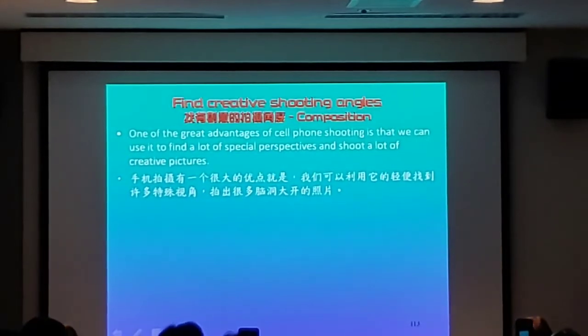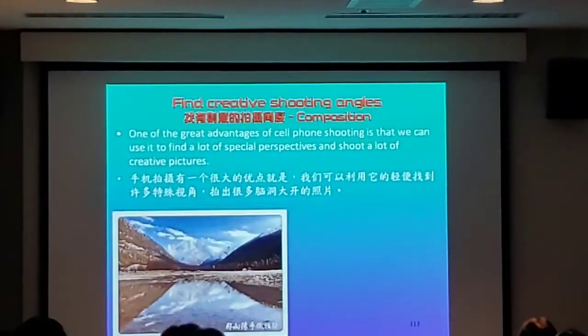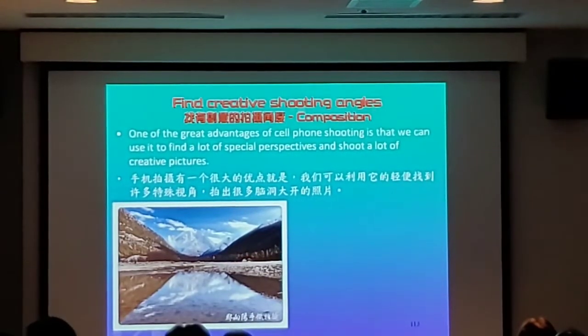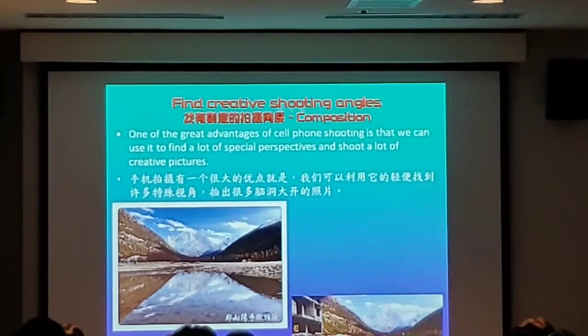Okay, another very interesting thing with cell phones is that because you can move a lot, you can put it anywhere, right there in the bottom, so you can get a lot of different angles of pictures that your normal big camera is hard to do. Like this picture, you have the snow mountain in the background, and you have a big lake in front, right? You have shadow, so it's a pretty good picture. You know how to take this picture?